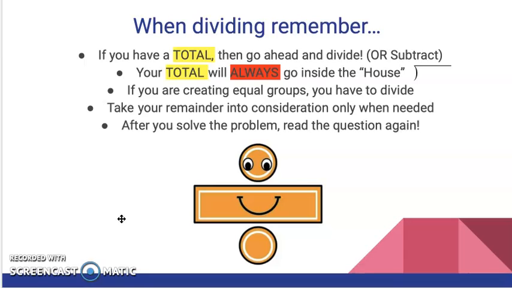Sometimes you either have to ignore it or you have to make sure that you include it in your answer, okay? It just depends on what you're doing. So it's very important that you read the problem. After you solve the problem, read the question again in order to realize if you understood it or not, okay, guys?